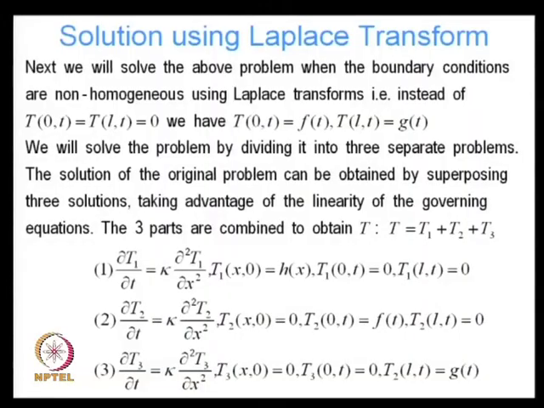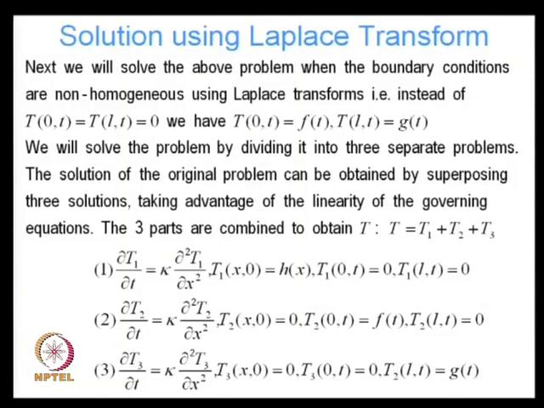And we will solve this problem by dividing it into 3 separate problems, and we will use the principle of linearity, linear superposition. So, the solution of the original problem can be obtained by superposing 3 problems. The first one, del T1 del t is equal to kappa del 2 T1 del x square.